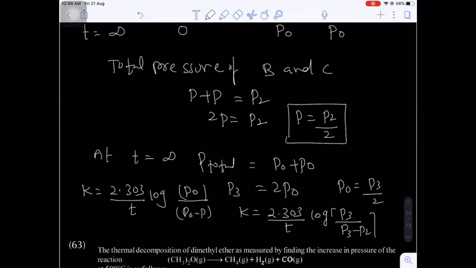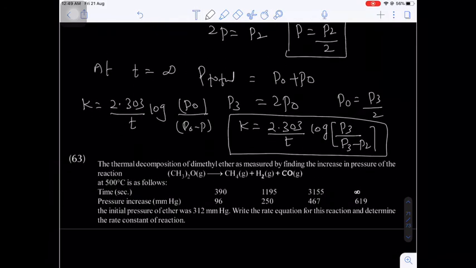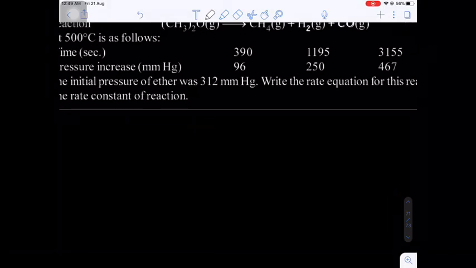So this is the final rate constant expression. And one more question is given: the thermal decomposition of dimethyl ether as measured.